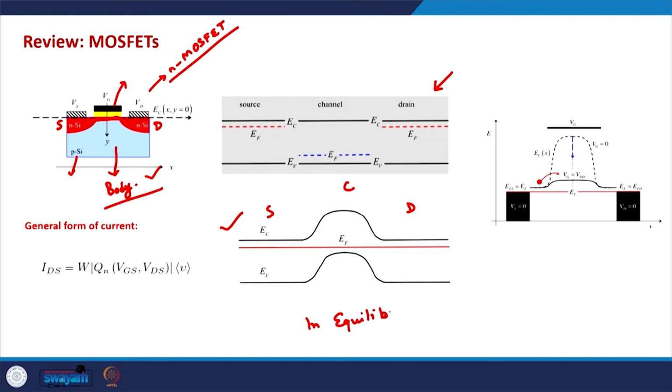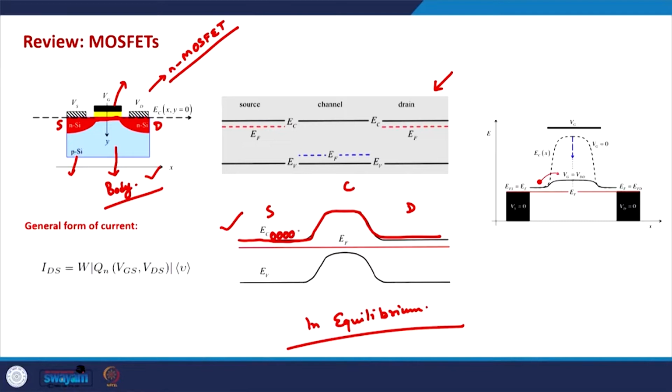In equilibrium there is a barrier in the channel for electrons to cross from the source or the drain. If we do not apply any drain voltage, there are some electrons sitting here because the source is N-type material. Similarly, some electrons are sitting here because the drain is also an N-type material.